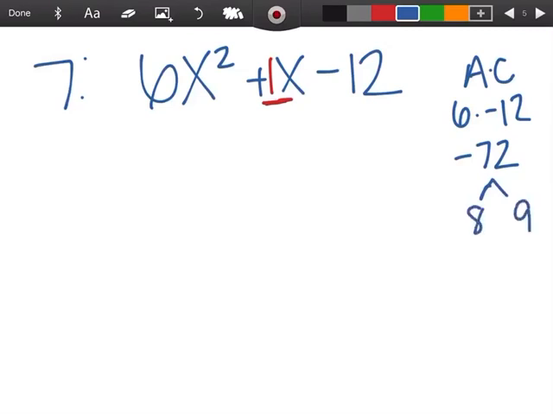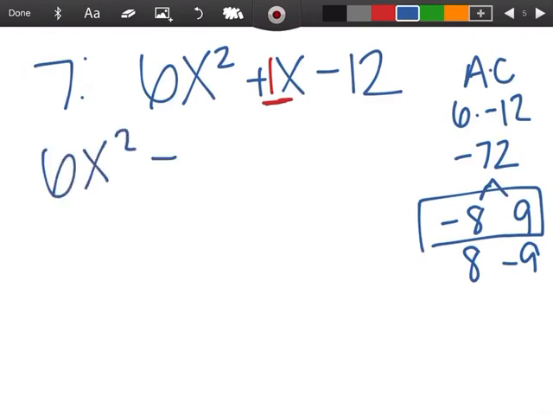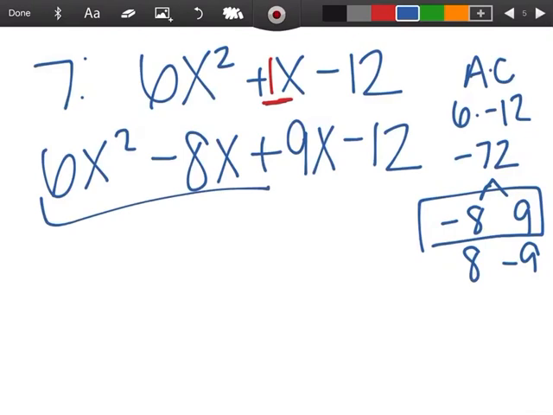And so if you're thinking 8 and 9, I like the idea, but let's be careful about where we put the negative. Do I want the 8 to be negative or do I want the 9 to be negative? Well, in order to add up to be a positive 1, I want the 8 to be negative. So I'm going to do 6x squared minus 8x plus 9x minus 12.